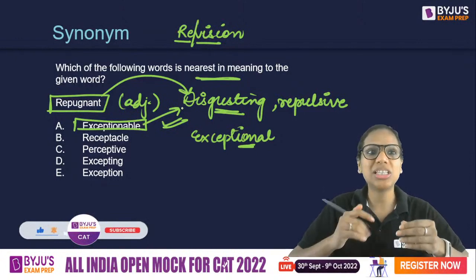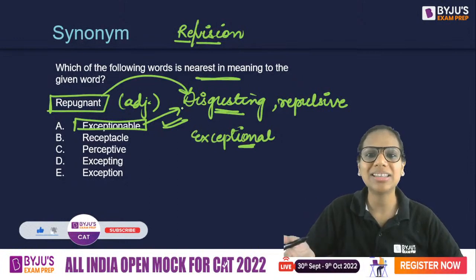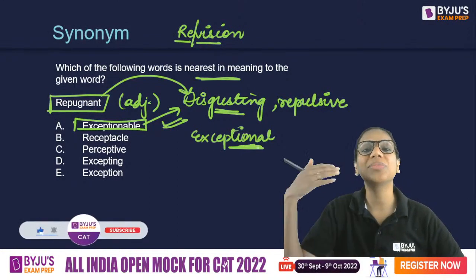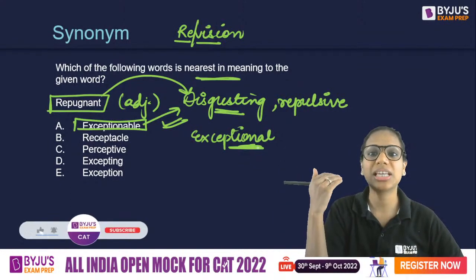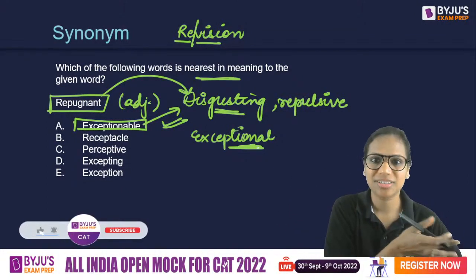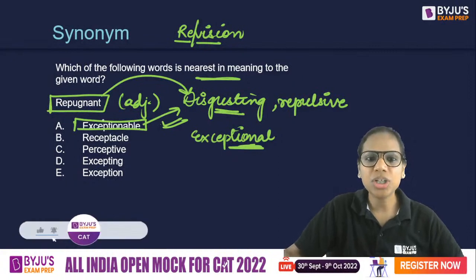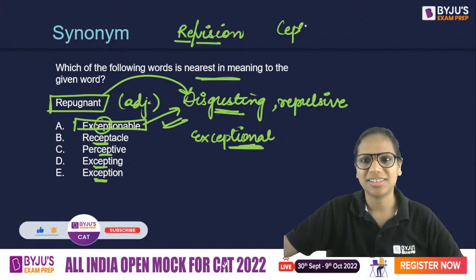Exceptionable means something that is so bad that it stands out. It is so bad that it stands out. Okay, exceptional on the other hand is something that is so good that it stands out, right? If I say he or she is an exceptional student, that means he or she is so good that he or she stands out, right? That's the meaning. So the root that is running through all these words, by now you must have guessed it, is sept.